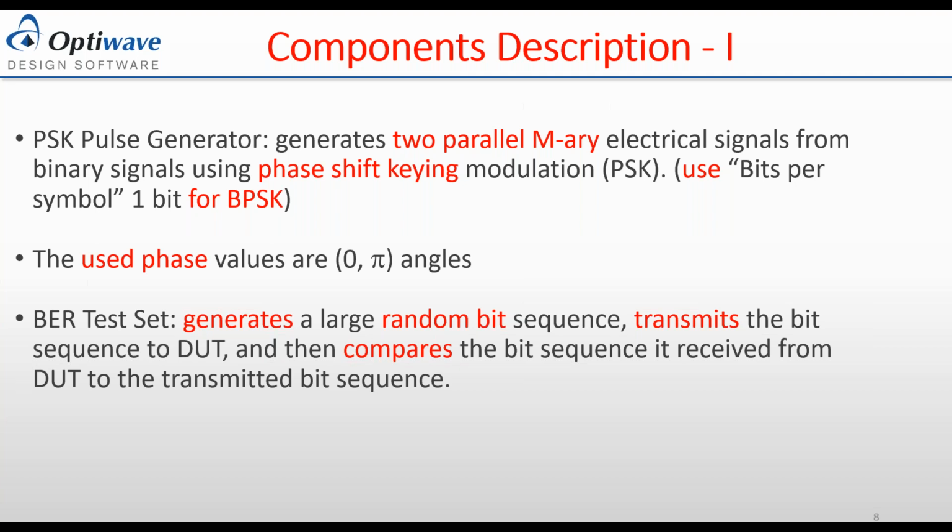The other component we're going to use here is the bit error rate test set, which generates a large number of bit sequences. This device has 3 options. You can use the internal built-in random bit sequence generator, or you might use an external bit sequence component from the OptiSystem library, or you can even load your own bit sequence.